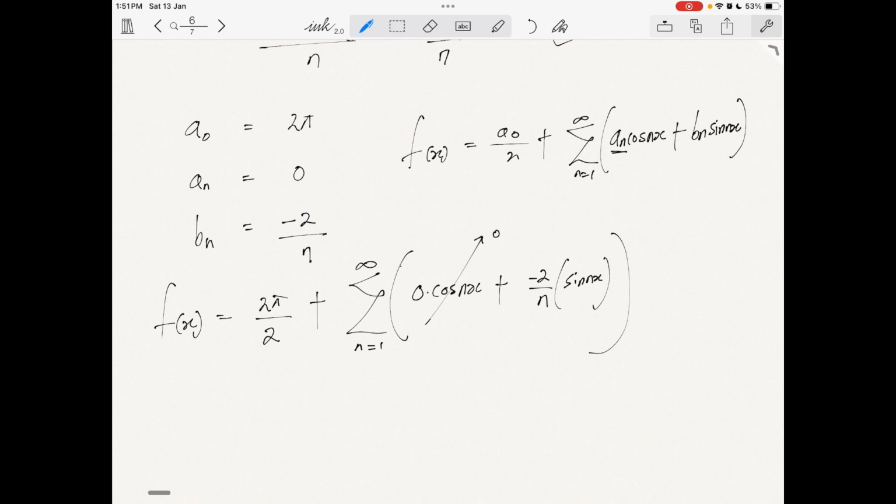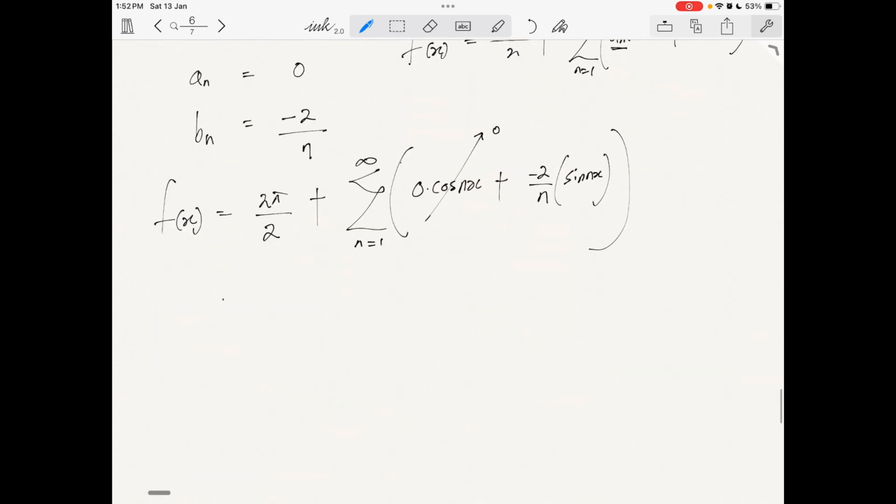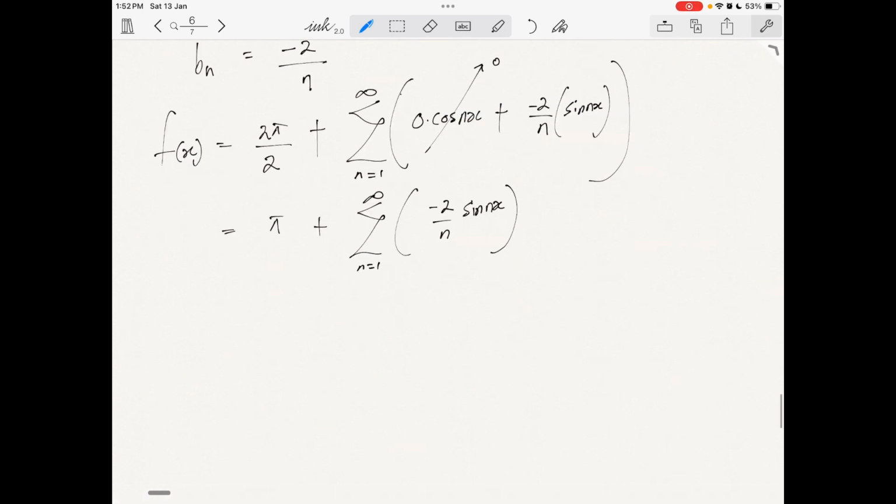So this turns to 0, and we are left with 2 pi over 2 is pi plus summation of n is equals to 1 to infinity of minus 2 over n sine nx. Now we can begin to insert our values of n from 1 to infinity. So in essence, we have f of x is pi plus, when n is equals to 1, this equation, wherever we see n, we put 1.